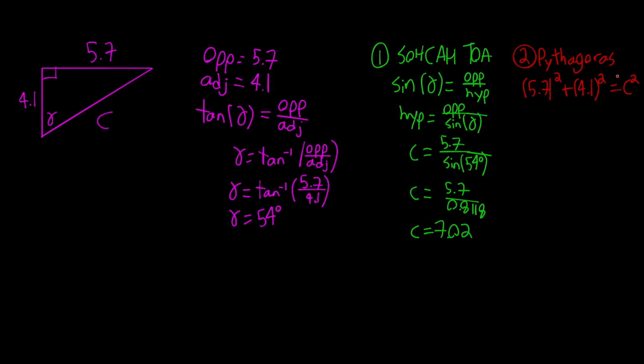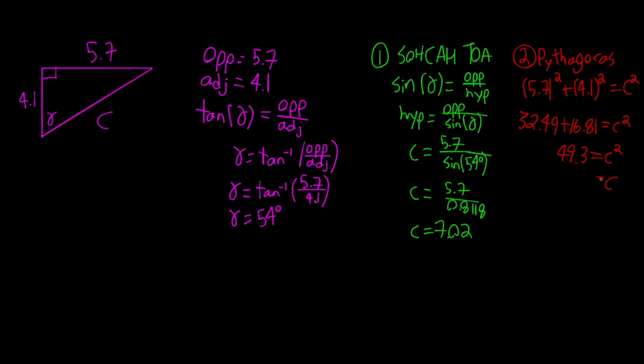So 5.7 squared is going to give me 32.49, whereas 4.1 squared is going to give me 16.81. So that's equal to c squared, which gives me 49.3. So 49.3 is c squared.